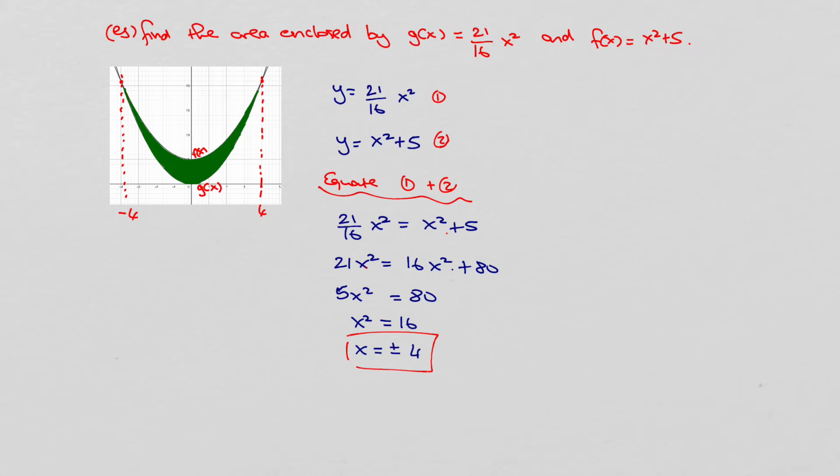Okay, so now what we want to do is find the area under our curves and subtract them. So we can see that f of x, in other words our x squared plus 5, is above g of x. So it's going to be the area of f of x minus the area of g of x.